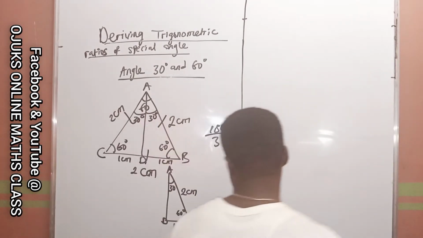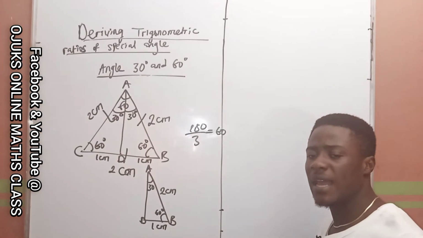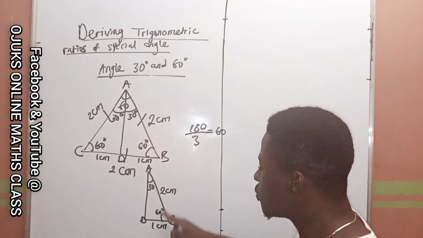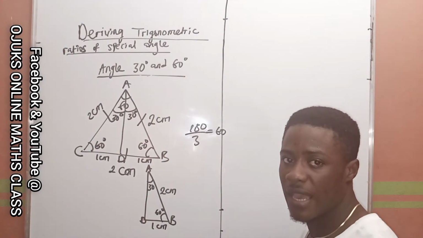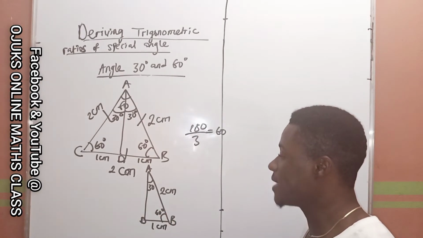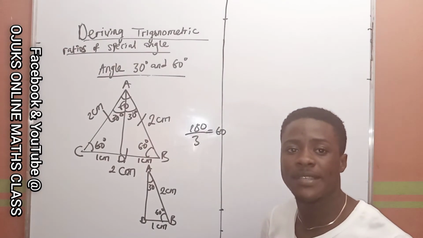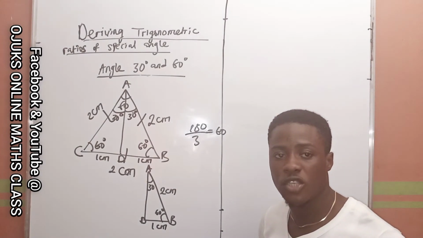What do we do next? As you can see, this is a right-angled triangle. Observing this right-angled triangle, you can see two sides are given, and one side is missing. How do we get the remaining side of this right-angled triangle? Automatically, we recall Pythagoras' theorem. If we want to get any missing side in a right-angled triangle, we recall the Pythagoras theorem. And what is Pythagoras theorem all about?